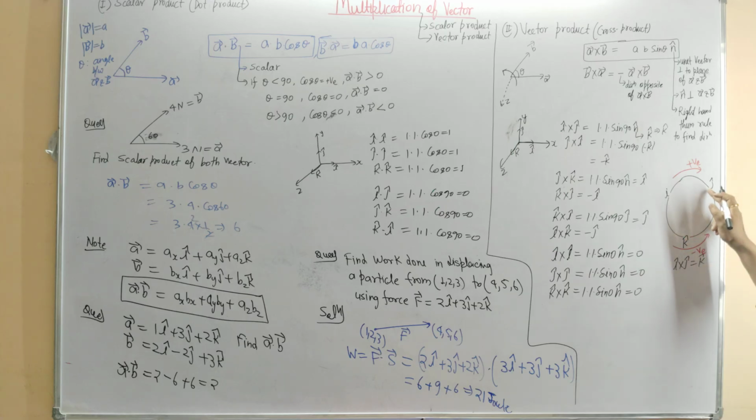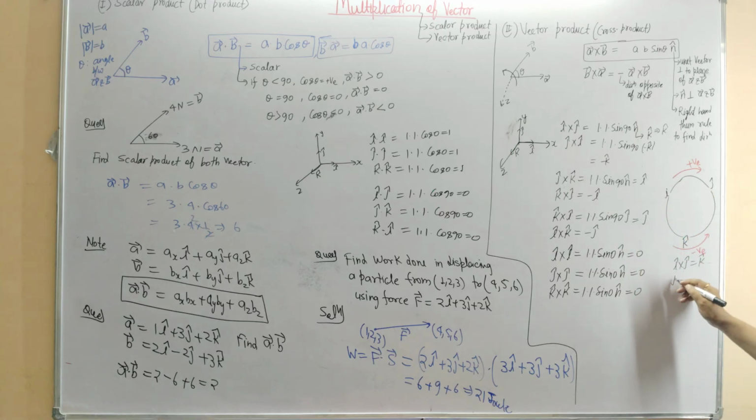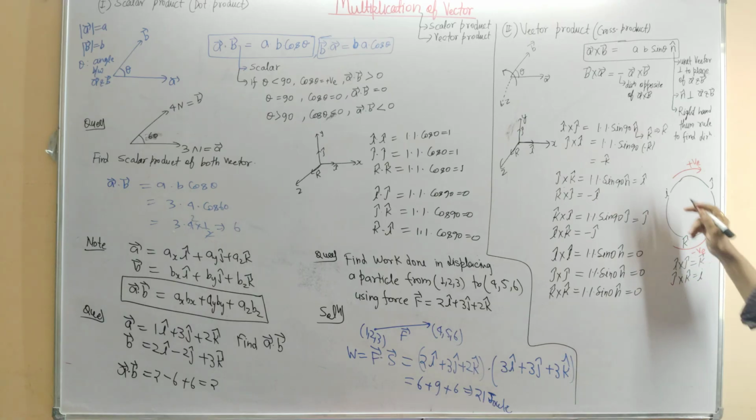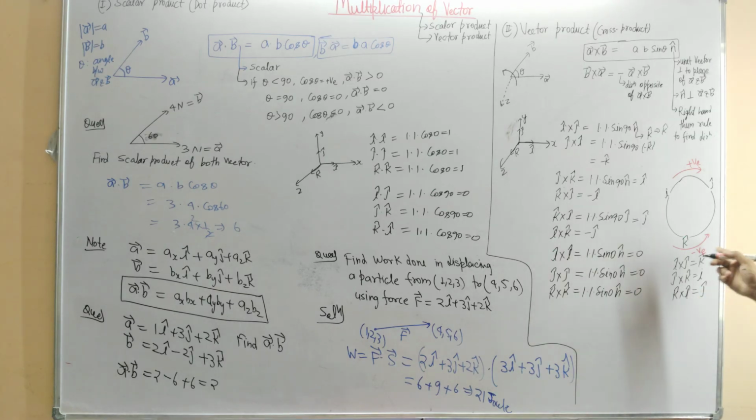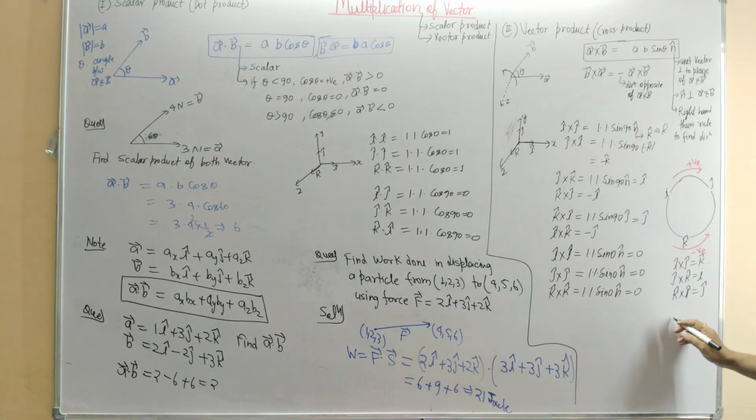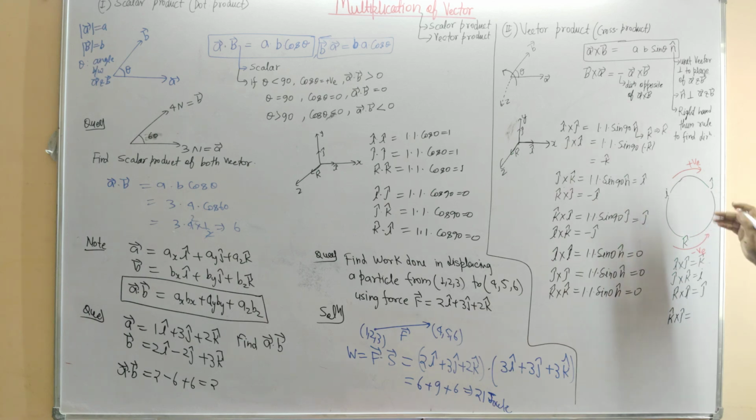Next, j cross k, the next one is i, so j cross k is equal to i. k cap cross i is equal to j cap. If you are moving opposite, anti-clockwise, like k cross j, then k cross j will be minus i.